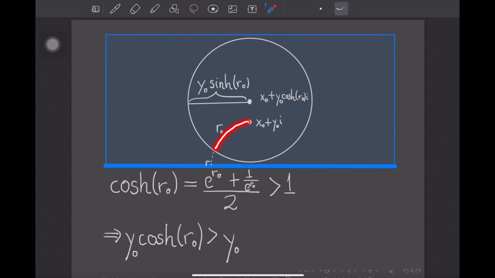And being a shortest curve, from this point to some point in the hyperbolic circle, this hyperbolic length is the actual radius.